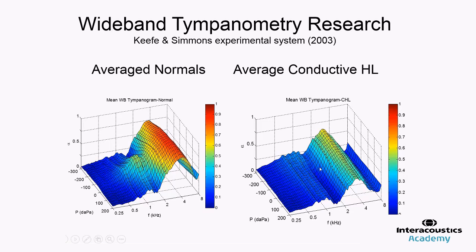And so that difference is why one recommendation is to look at that average tympanogram from 1 to 4 kilohertz compared to the normal ranges.